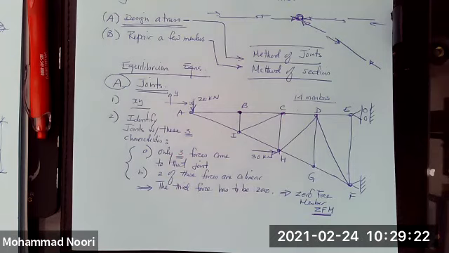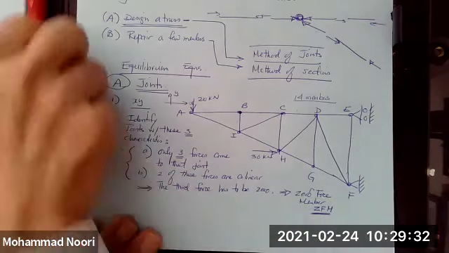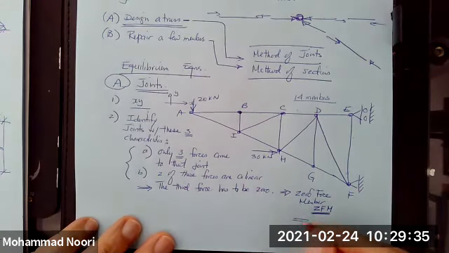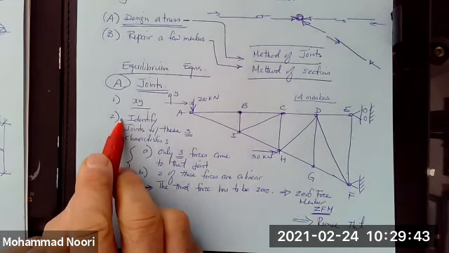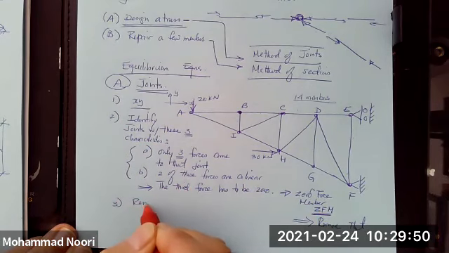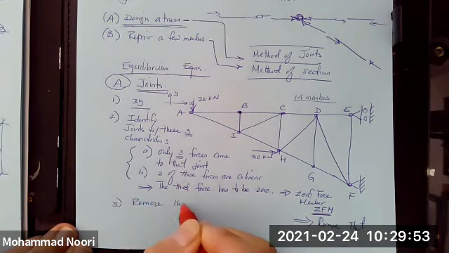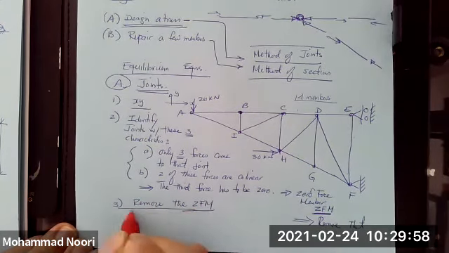It's for any given loading condition. So let's see what that means. That means if you have a member that carries no load, that is a 0 force member, you can remove that. So condition number 2 is you identify these, and once you see a 0 force member, you would remove it.